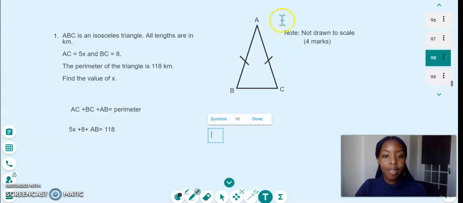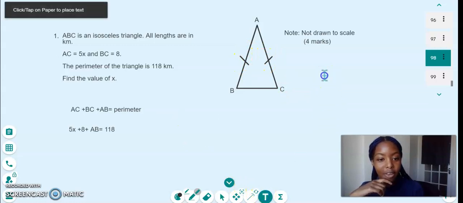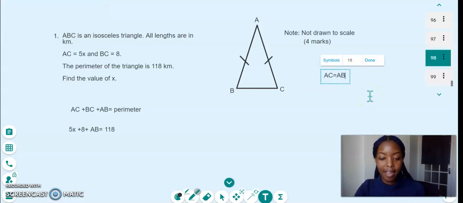Now, from the diagram, you can see that AC is the same as AB because it is an isosceles triangle. When you have that line there, it means that they're both the same length. So if we just write down on the side, we know that AC is the same thing as AB. Does that make sense?